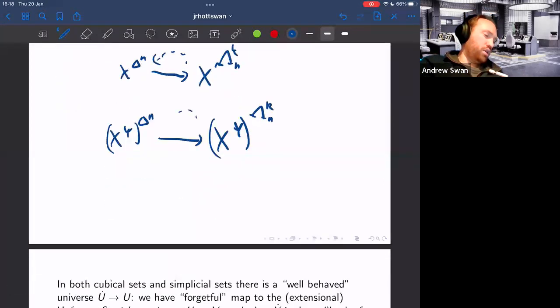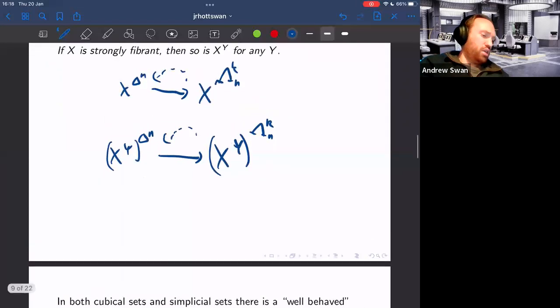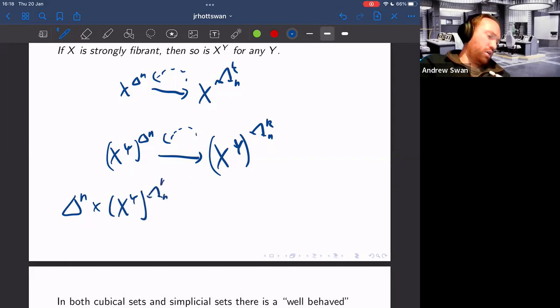And then we need a section of this, and constructing a section, very roughly, is the same as constructing a map from delta n times X to the Y to the Horn to X to the Y.